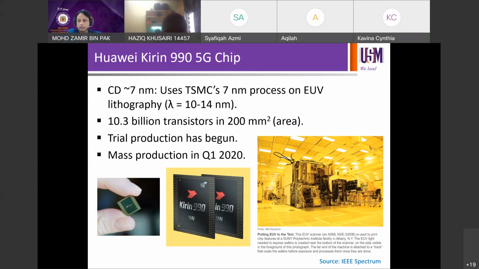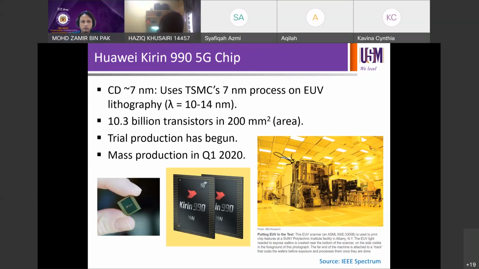They are now the number one for wafer fab in terms of technology and capability. So most of the state-of-the-art or advanced chips that we have now in laptops, phones, tablets, and whatever latest gadgets are actually fabricated by TSMC.